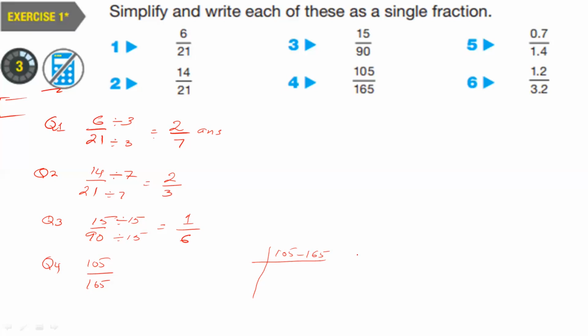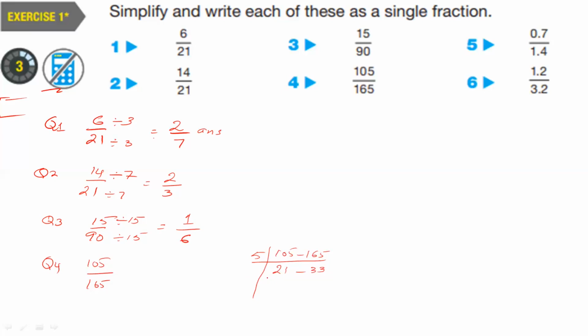Which number do we think? I think both numbers have 5 at the end, so we divide both numbers by 5 first. 5 times 2 is 10, 5 times 1 is 5. Now 5 times 3 is 15, so 1 carry here, so here 15. So we get 5 times 3 is 15.